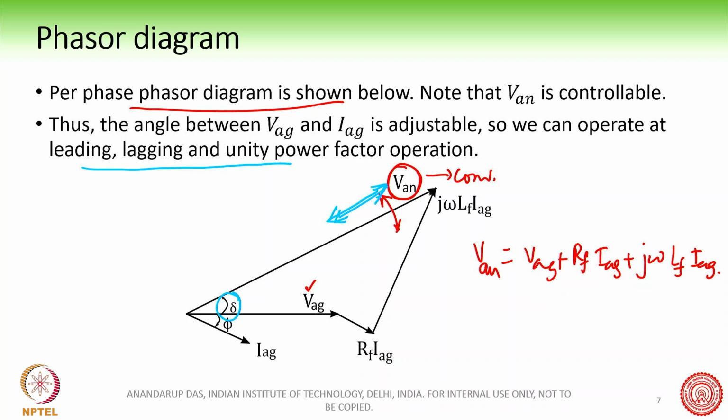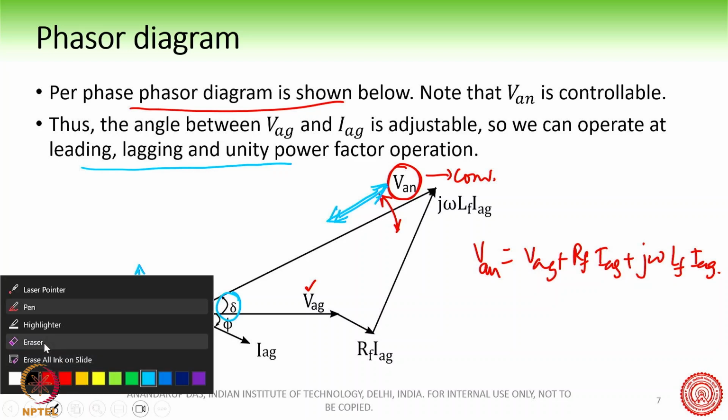Suppose I want to change this to a unity power factor operation. How will I do this? I can draw VAG here, and I want a unity power factor, so this current will be IAG, in phase with the grid voltage.